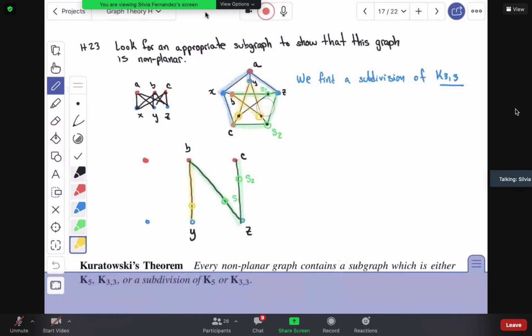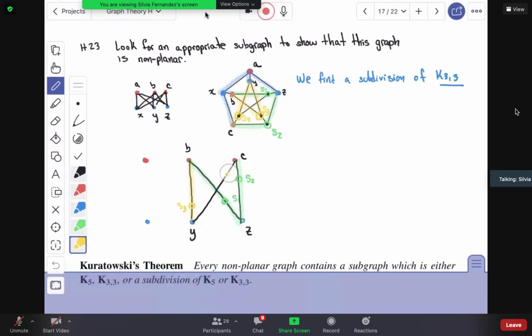That's my S3, I'm going to call it, my subdivision 3. Makes sense? And then the other one that was subdivided is from Y to C. So from Y to C, I'm actually going through this other vertex. That's S4.